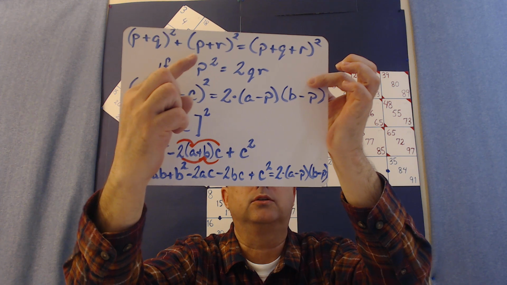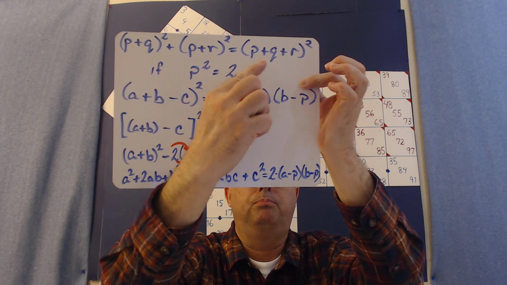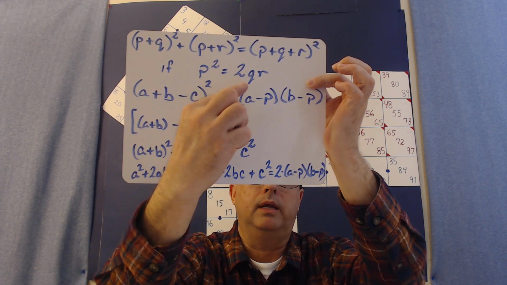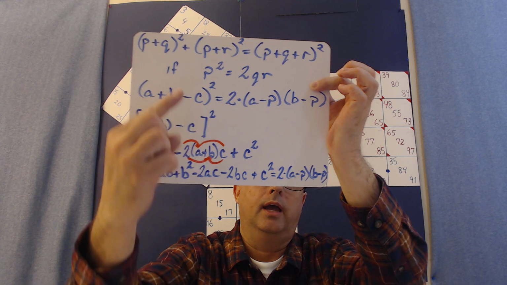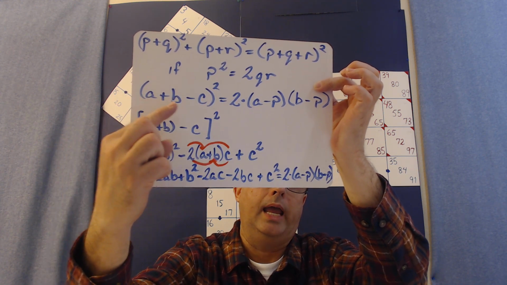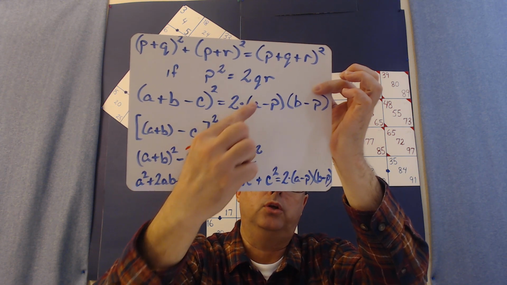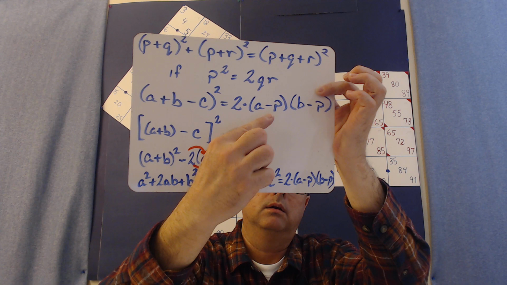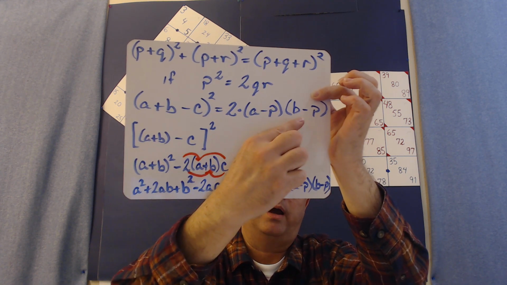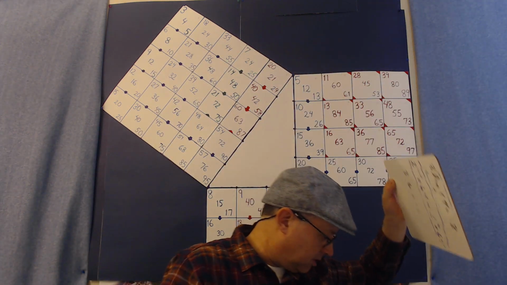that P plus Q and P plus R squared is equal to P plus Q plus R squared if P squared equals 2QR. And so we substituted in place of P, we put A plus B minus C, and we substituted in place of Q, A minus P, and we substituted in place of R, B minus P, and we went through all this fancy algebra stuff, right?